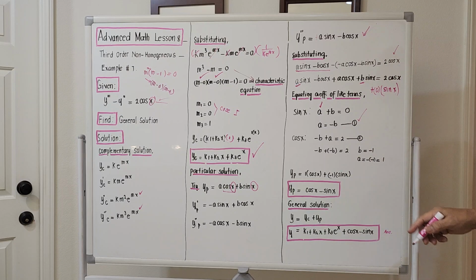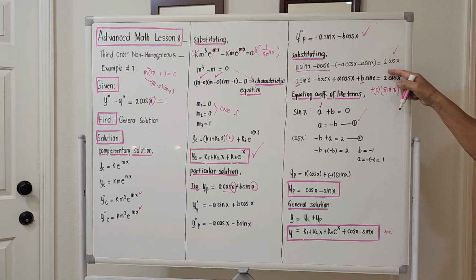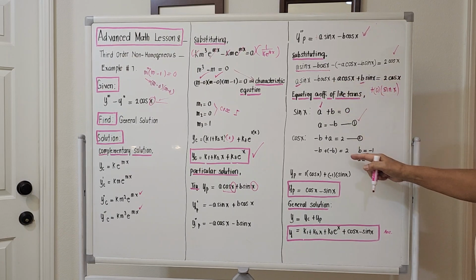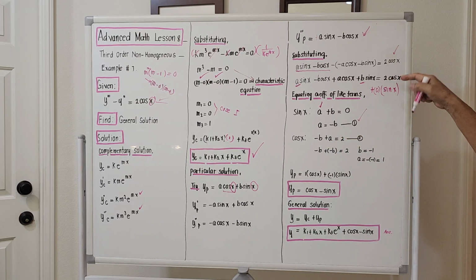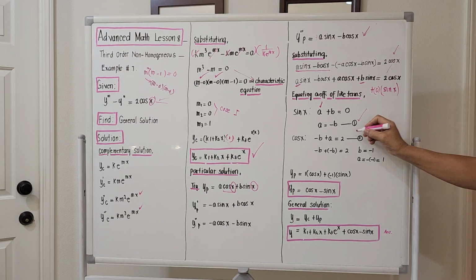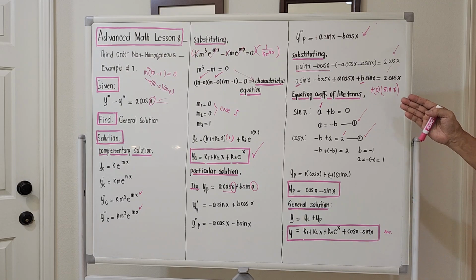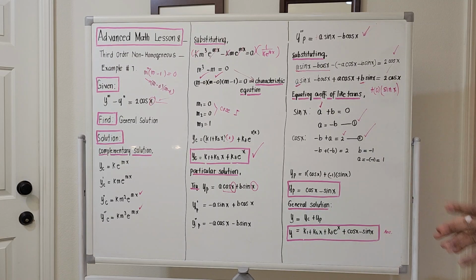And for the right hand side, it is the given twice cosine of x. So this is negative b plus a should be equal to 2, the coefficient of cosine on the right. This is now our equation number 2. This is now the algebra portion.